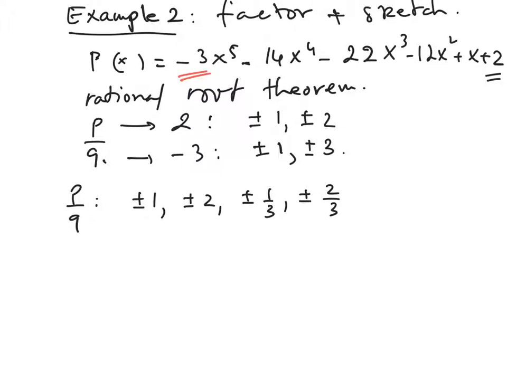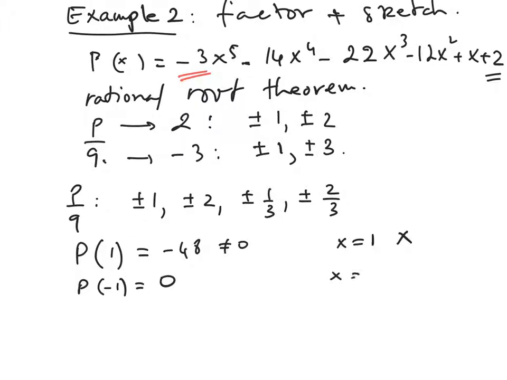So we start with p when x is equal to 1. Now when the calculation is done, this gives negative 48, not equal to 0, so x equal to 1 is not a 0. We go to p of negative 1, this one gives 0, and x equal to negative 1 is a 0.